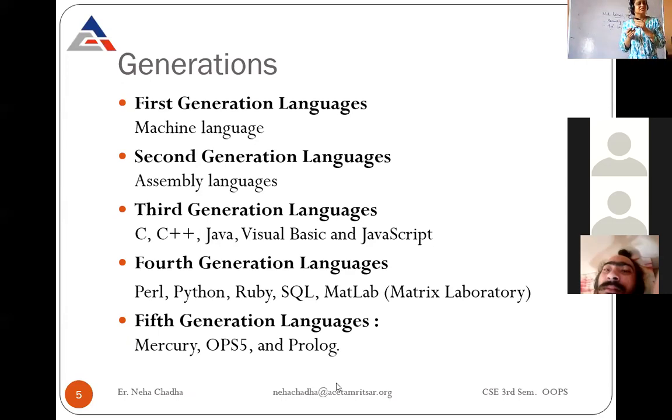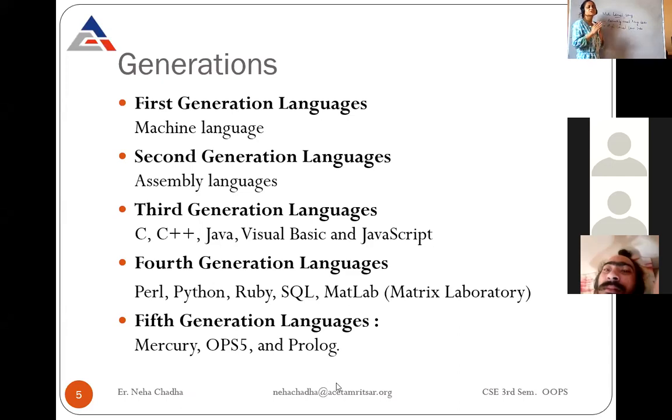Okay. The rest is the fourth generation language, Python and Prolog, that you will study in your further classes; I'm not going to elaborate here. For you, examples are required. What is the fourth generation language?